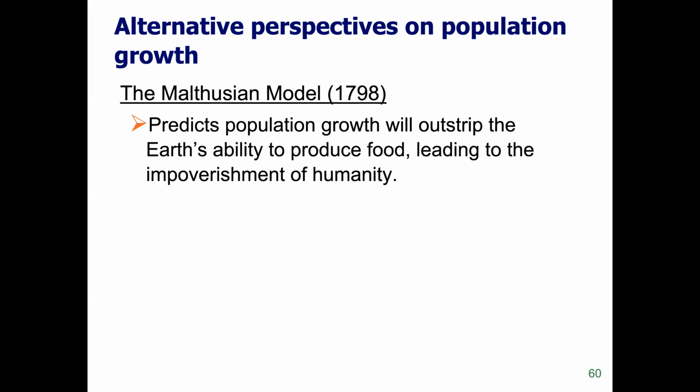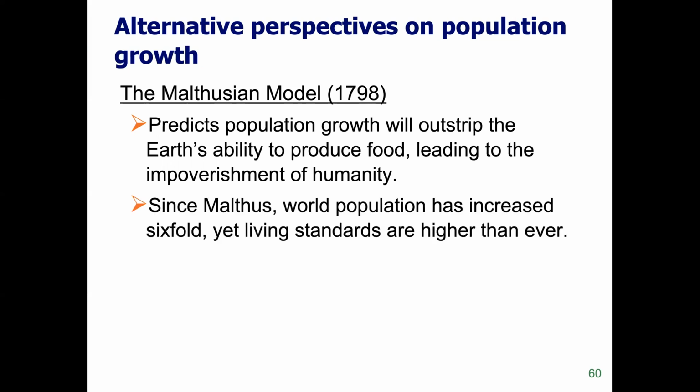Malthus's model actually described things quite well for the period of time before 1798. But since then, technology's been improving so rapidly that our living standards are higher than ever. But if you go back in time, for most of human history, the Malthusian model is pretty good.